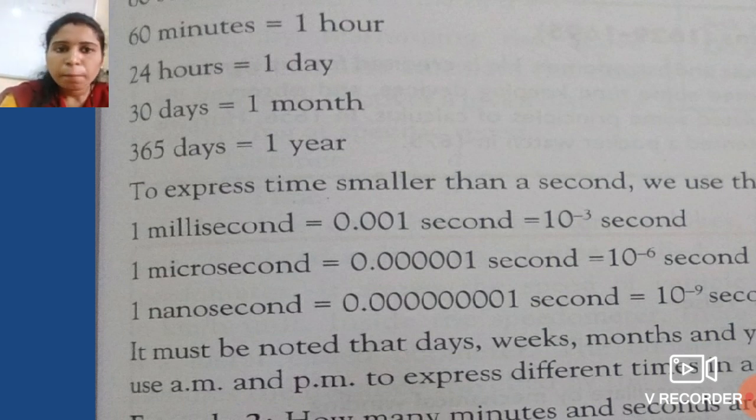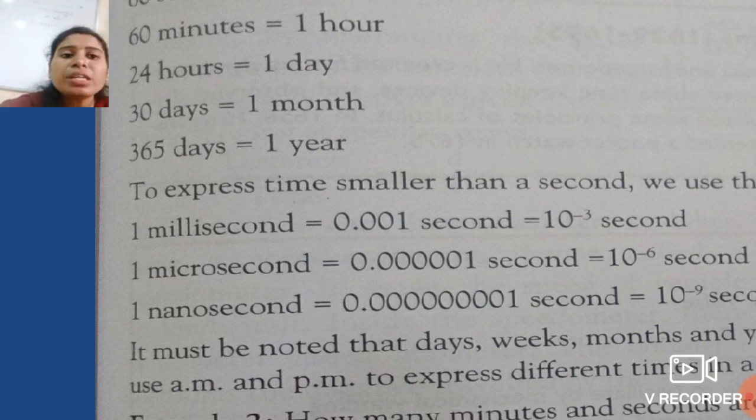Okay students, just like this, 1 microsecond. There are also certain units which are really very small compared to the millisecond. So 1 microsecond is equal to 0.000001 second. How can we write it?